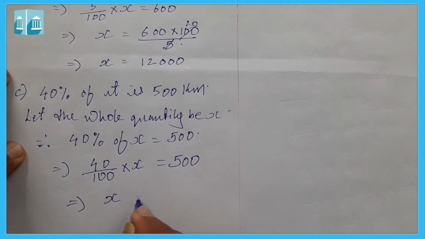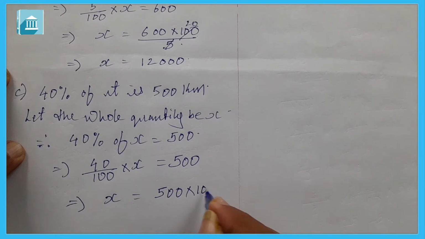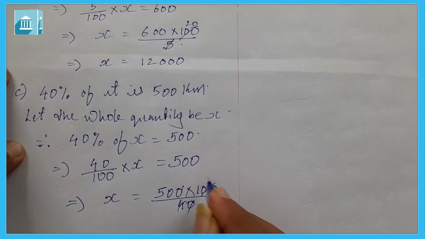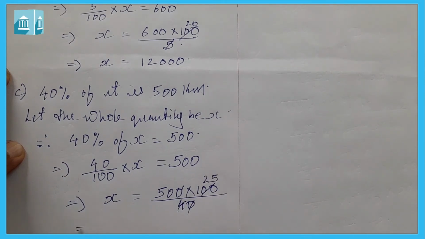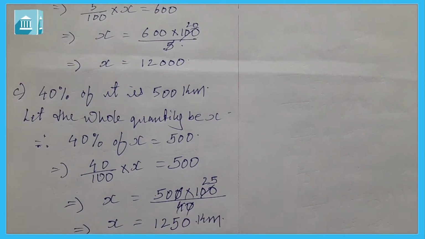So we can say x is equal to 500 into 100 upon 40. 0 0 cut, 4 into 25. So this will be 25 into 5. So we can say that it is 1250 kilometers. So it is x. The whole quantity is here 1250 kilometers.